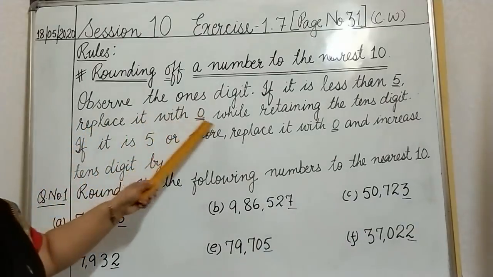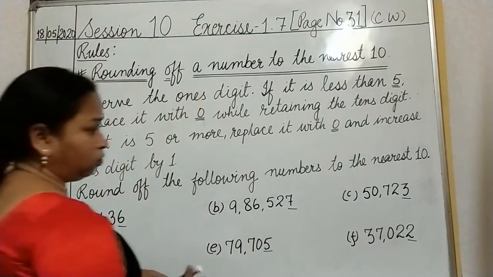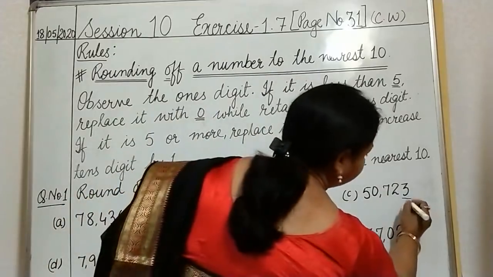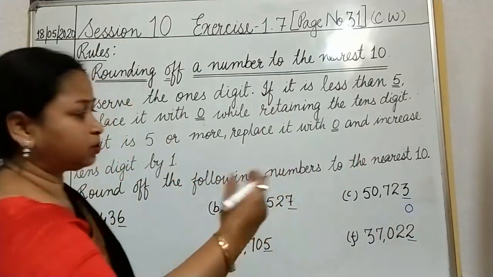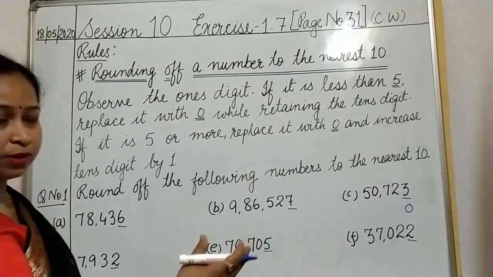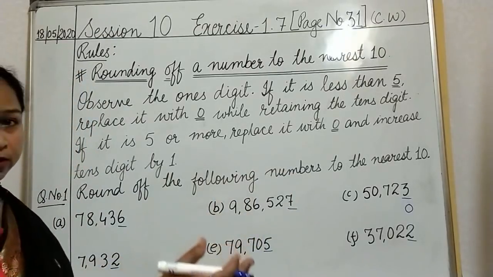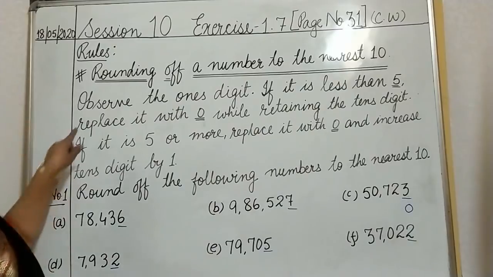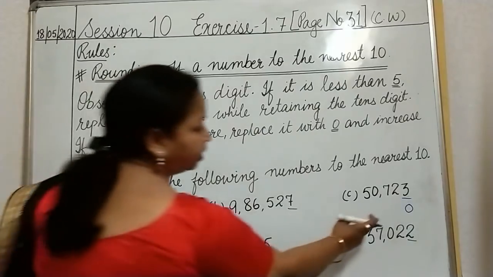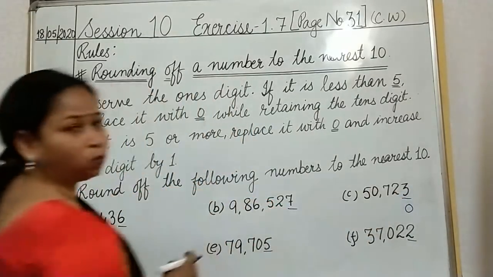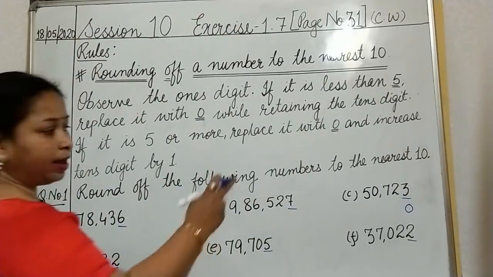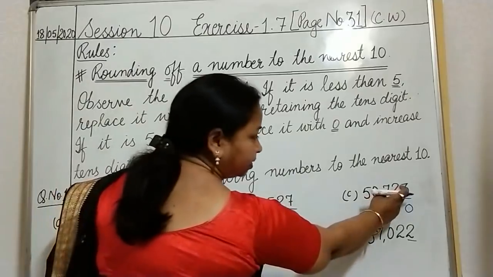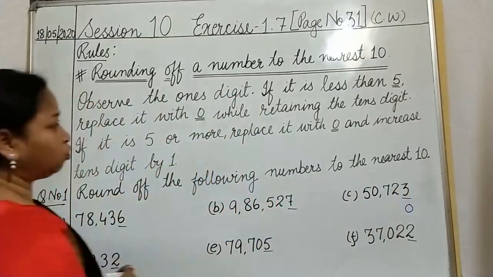Replace it with 0. So what we will do? Just below this 3, I am writing 0. You have space beside the numbers given, so you can utilize that space. So replace it with 0. Since the ones place is 3 and 3 is less than 5, I have written 0 there.